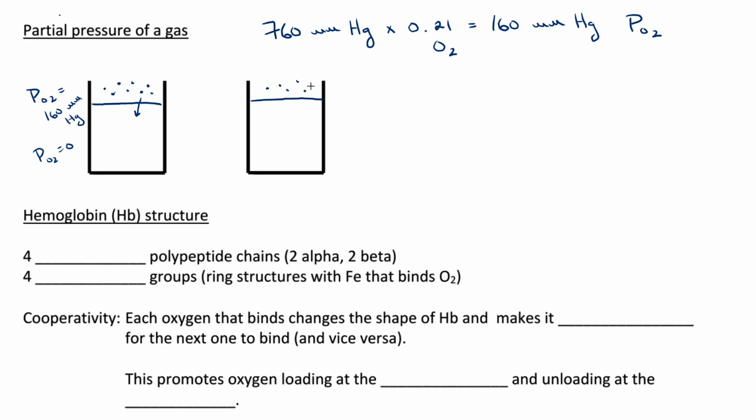And if the air is being replenished from above, so its partial pressure of oxygen stays the same, when you've let this come to equilibrium over a long time, you will end up with a partial pressure of oxygen in the water that is also 160 millimeters of mercury, because that diffusion will keep going until these two numbers are equal.